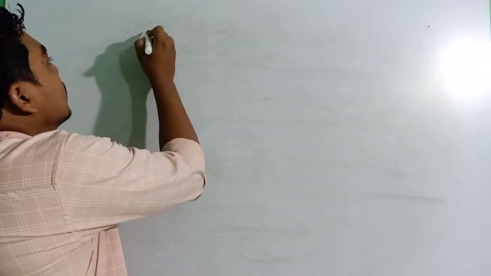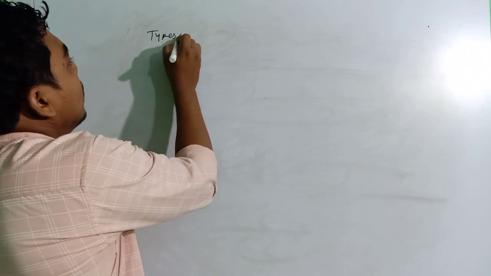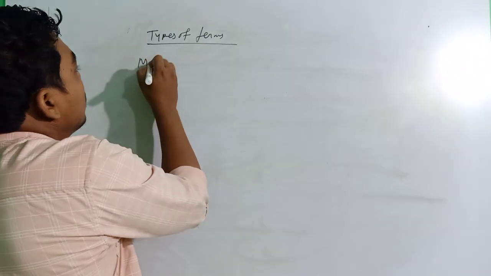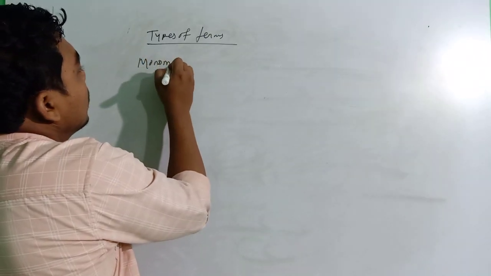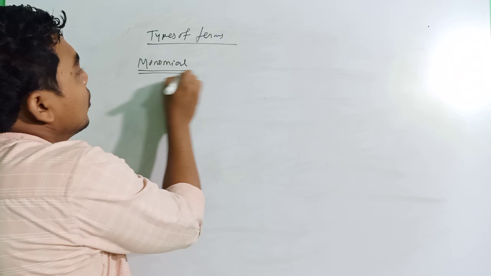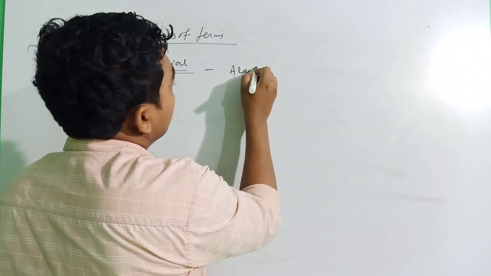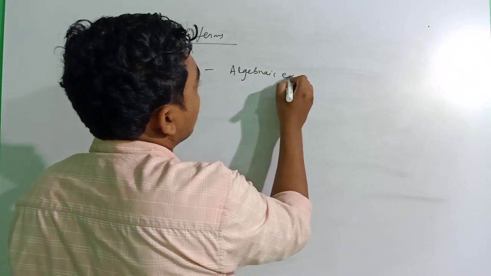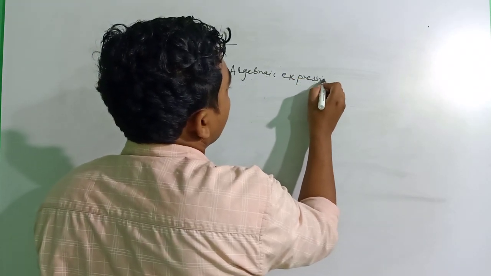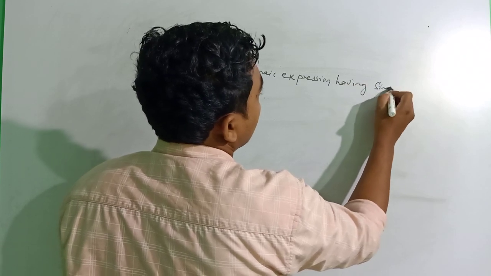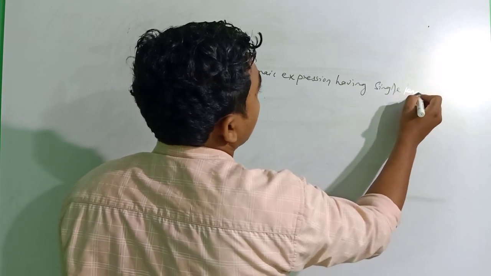Now we have different types of terms. First, the types of terms. Let's start with monomial. A monomial is an algebraic expression having a single term.